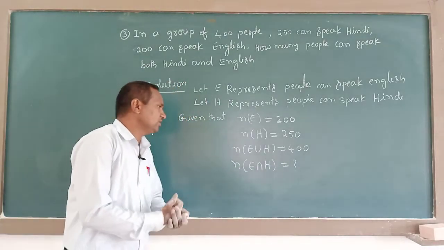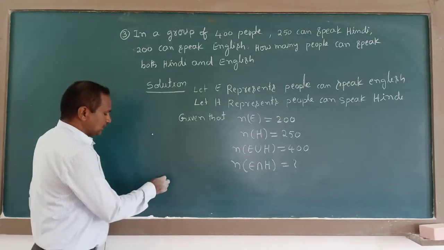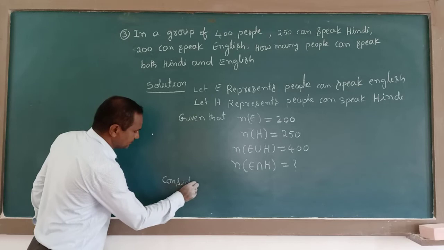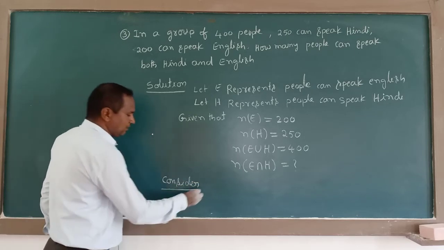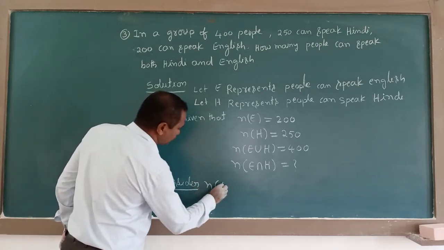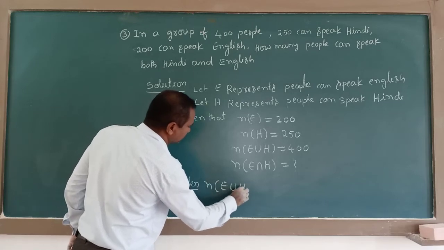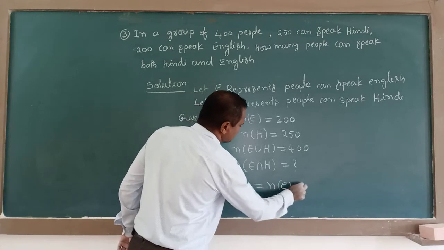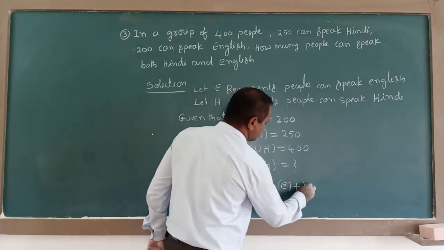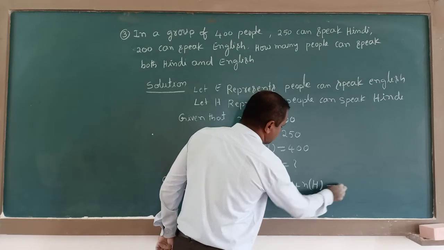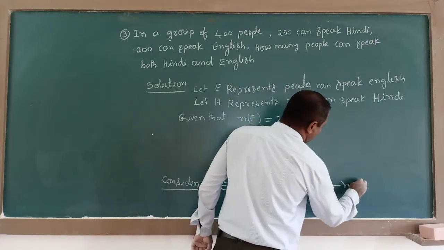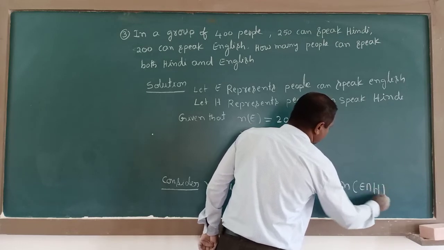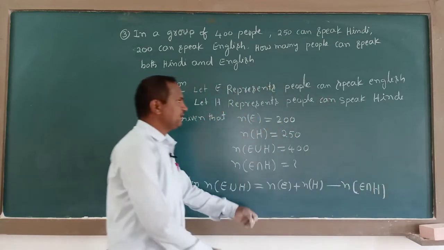Same formula, how to apply. Consider n of E union H is equal to n of E plus n of H minus n of E intersection H. That is based on that formula.